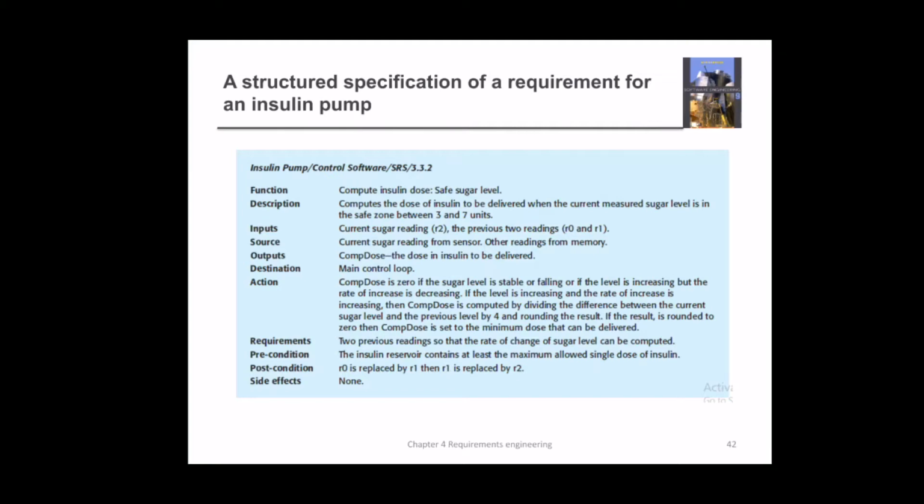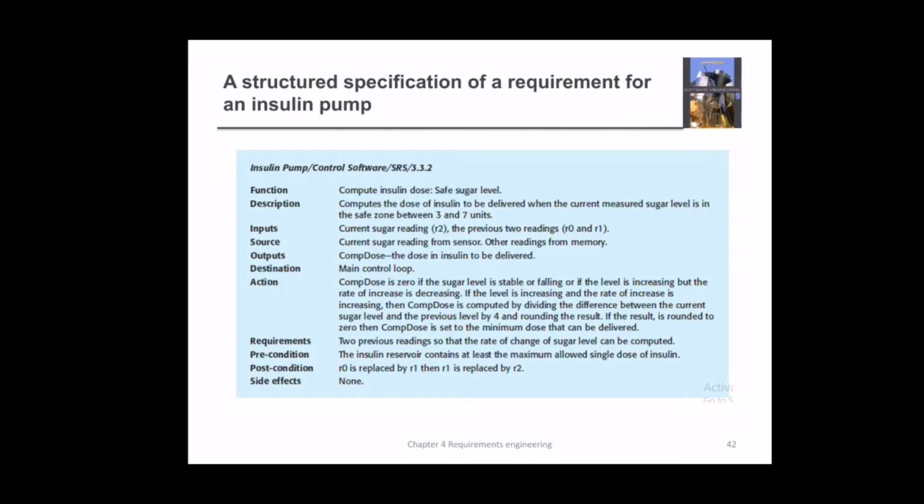If the level is increasing and the rate of increase is also increasing, then compute dose is computed by taking the difference between the current sugar level and the previous level, divided by 5, and rounding the result. If the result is rounded to 0, then we compute the dose in such a way that the minimum dose has to be delivered to the person.